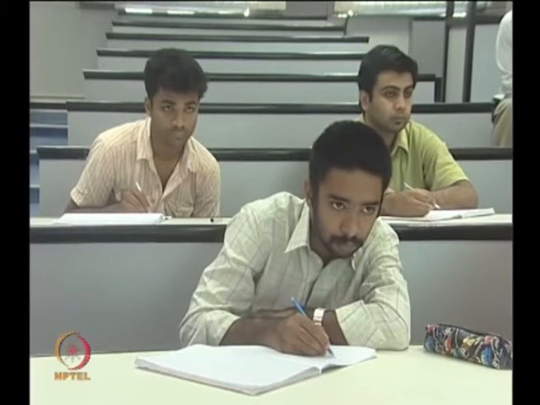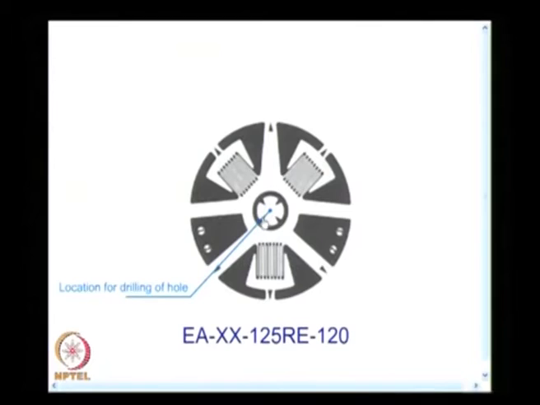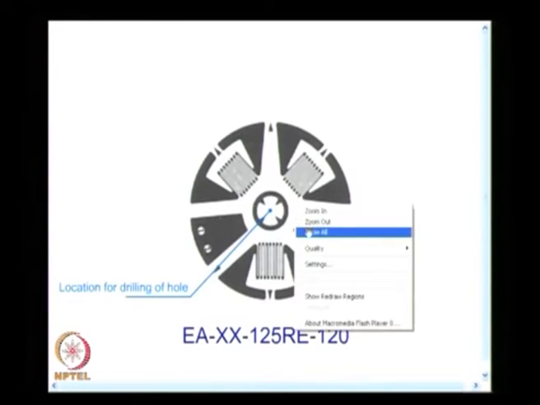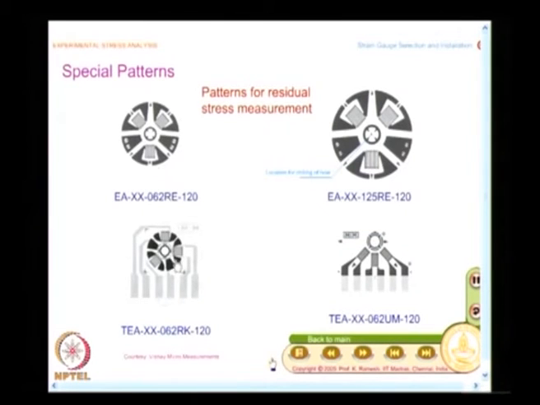Here you can go up to 2 to 3 millimeter depth, and it will look very similar to your delta rosette, but because I have a provision to drill a hole here, you must distinguish that this is a strain gauge meant for residual stress measurement. And what you have in the slide is the different ways the tabs are provided to facilitate ease of installation. So, ease of installation dictates this.